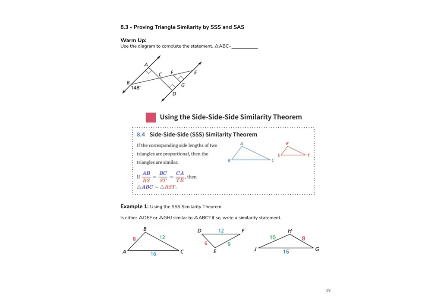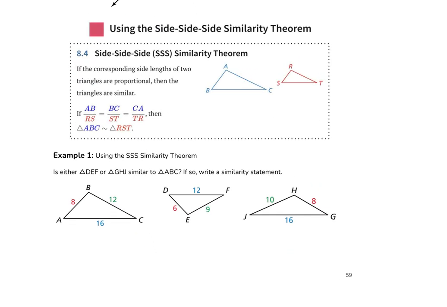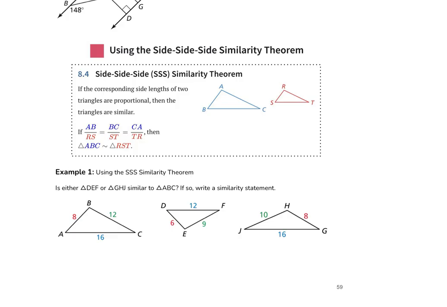All right, I'm going to skip over the problem at the top, the warm-up. We're going to move right into side similarity. Yesterday we only had one. We had angle similarity. We had to have 2 angles that were congruent in order to be able to prove that the 2 triangles were similar.